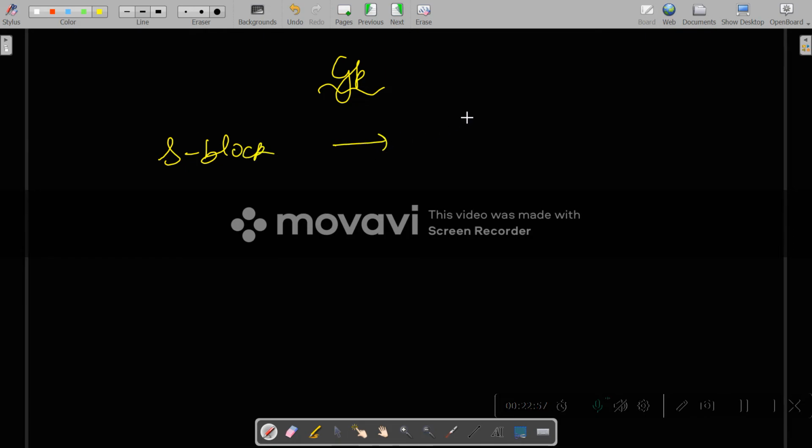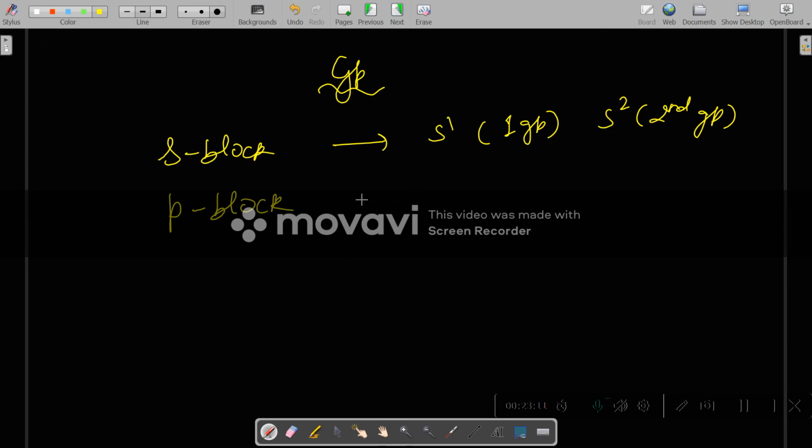And for S block, what is the group number? S1, first group. And if S2, second group. If the last electron enters the P orbital, that is which block? P block. For P block, how will you find the group? The P electrons, whatever is in P, plus 12. If the last electron enters the D orbital, that is D block.